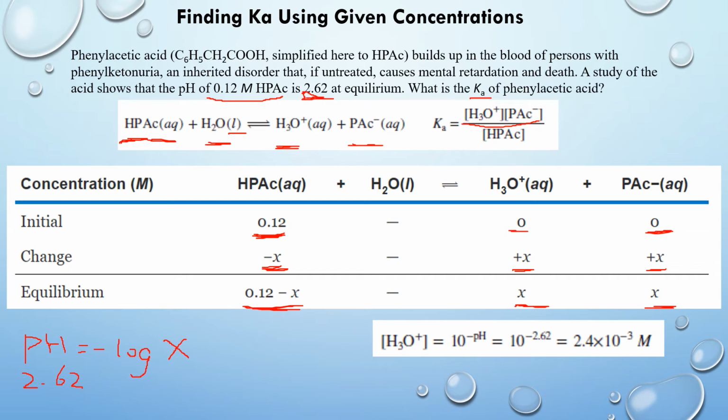That means the proton concentration is equal to 10 to the negative pH, so we can calculate this concentration of proton, which is equal to x. Then we can substitute the value for x and 0.12 minus x into this equation and calculate the Ka value. That's pretty straightforward.